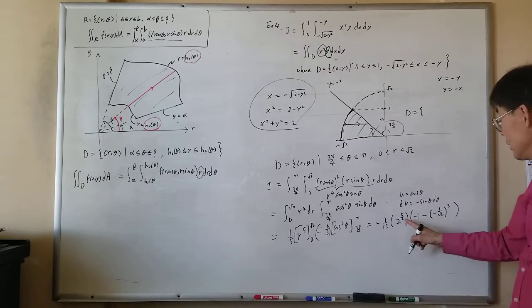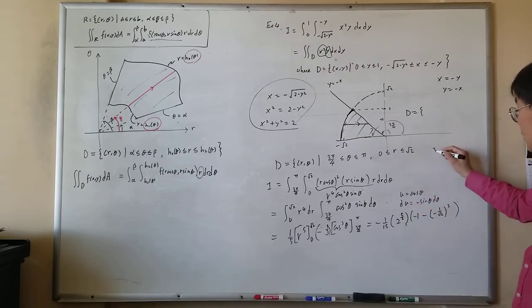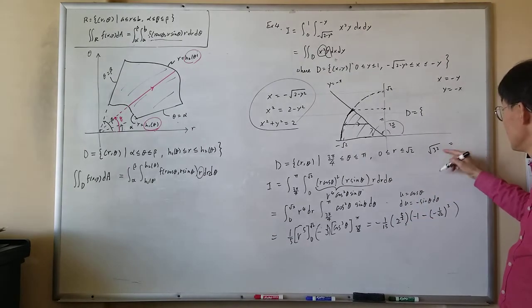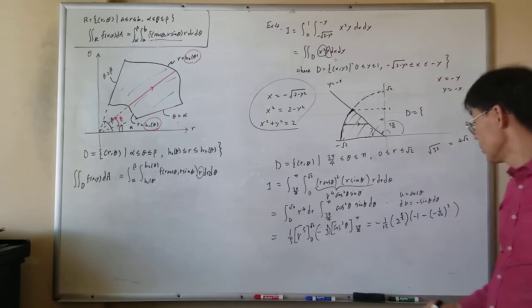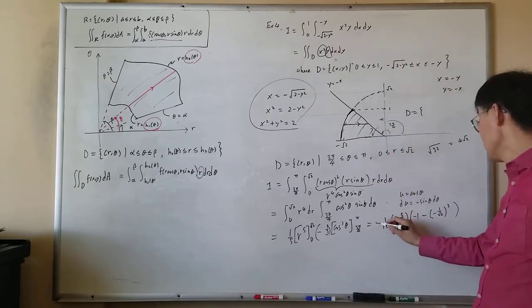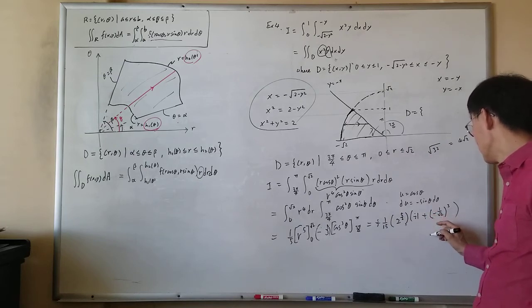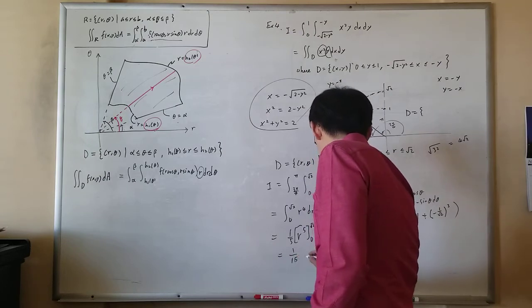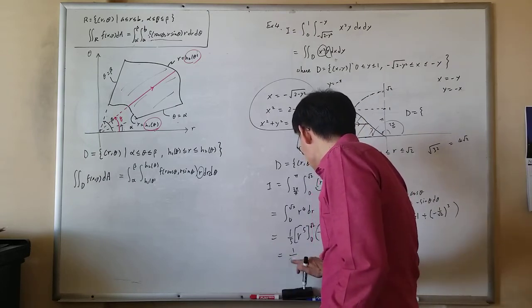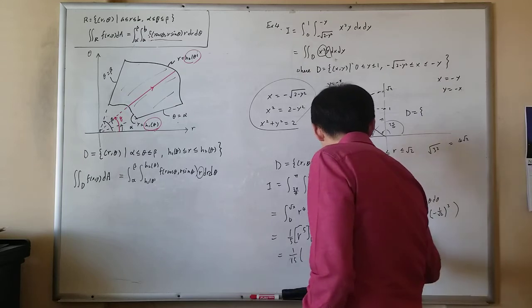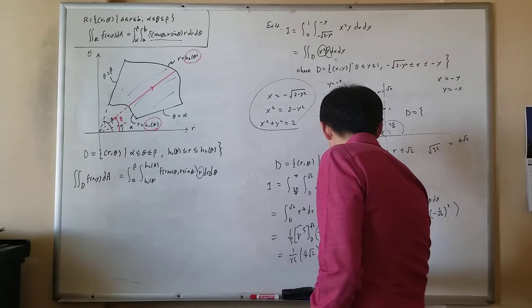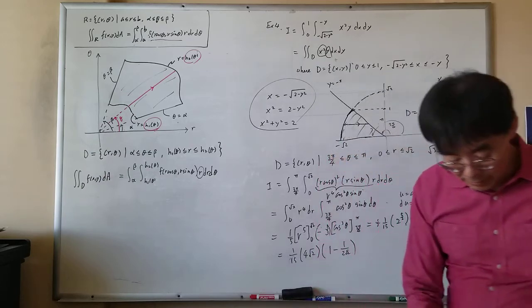Okay? So this is 32 over square root of 2, right? 16, so 4 over square root of 2. So I'm going to cancel minus. So you get 1/15, 1/15 times 4 over square root of 2, times 1 minus this.